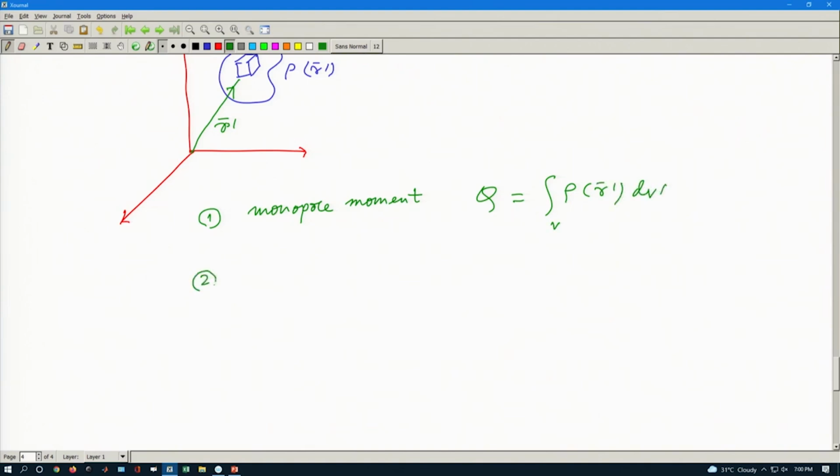Second is the dipole moment, which is p vector, and that we know, that is the integral of r prime rho r prime dv prime, and finally the quadrupole moment, which we discussed today in detail.